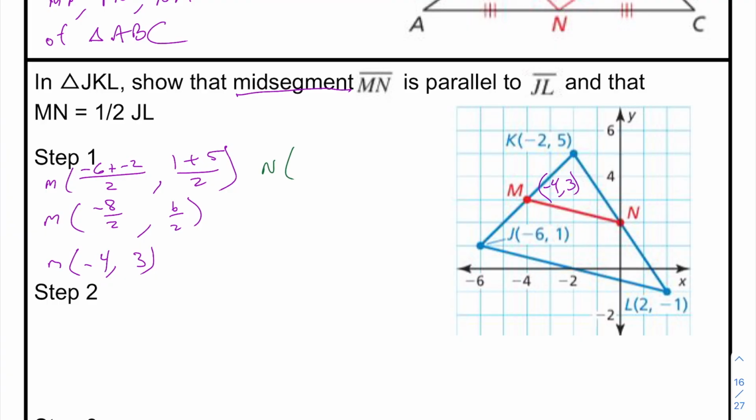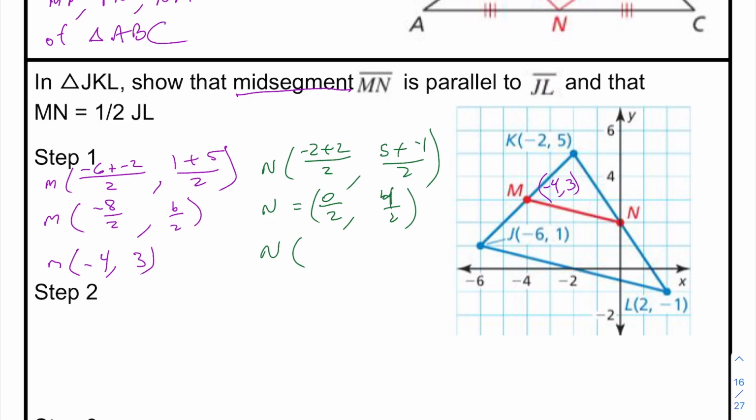So N is at the midpoint of KL. So we get negative 2 plus 2 over 2 for our x, and then 5 plus a negative 1 over 2 for our y. So N equals 0 over 2, and 5 minus 1 is 4 over 2.